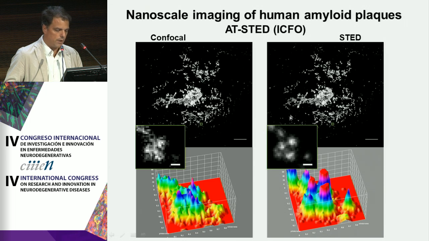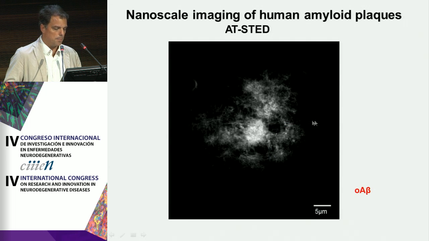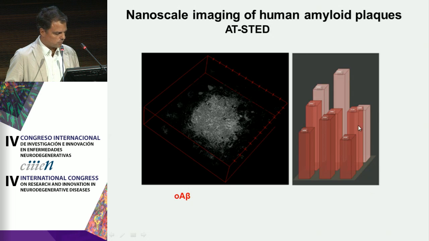And we are currently quantifying the plaque. This is an entire plaque. The entire plaque is around 400 sections, so it takes a day and a half to image one single plaque, so it's really a lot of work. But at least as far as I know, this is the highest resolution obtained in a human amyloid plaque using this technique.